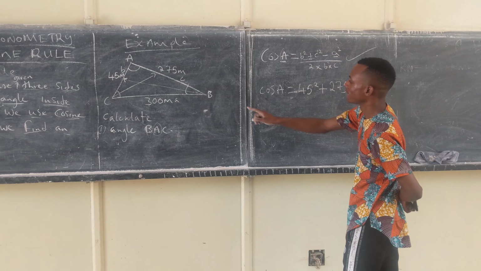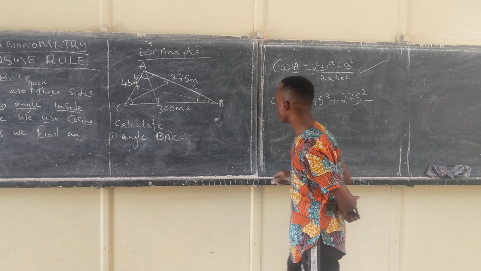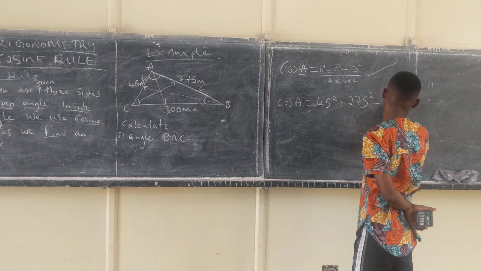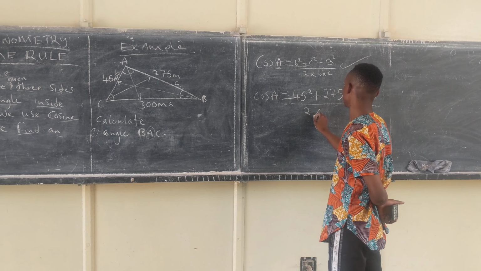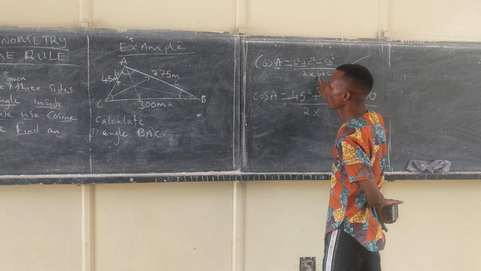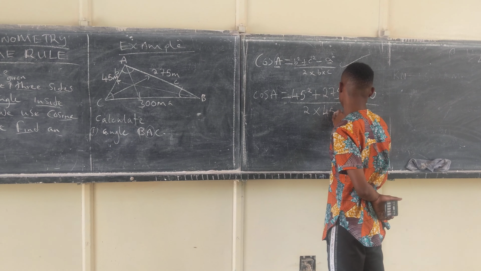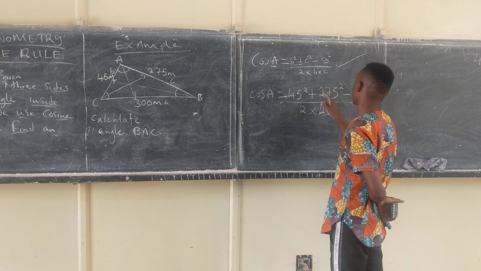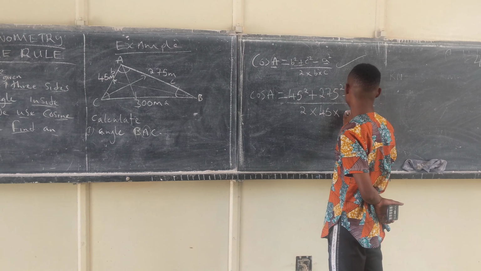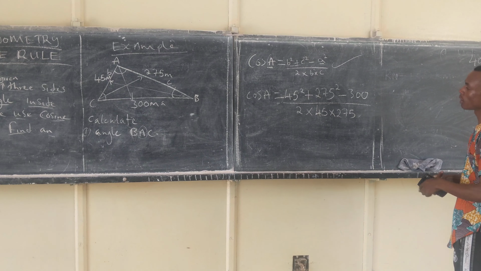Then minus, where A is facing, the side for A is 300. Then over, we are going to say 2 times B, where B is facing, the side is 45, then times the C side, which is 275.